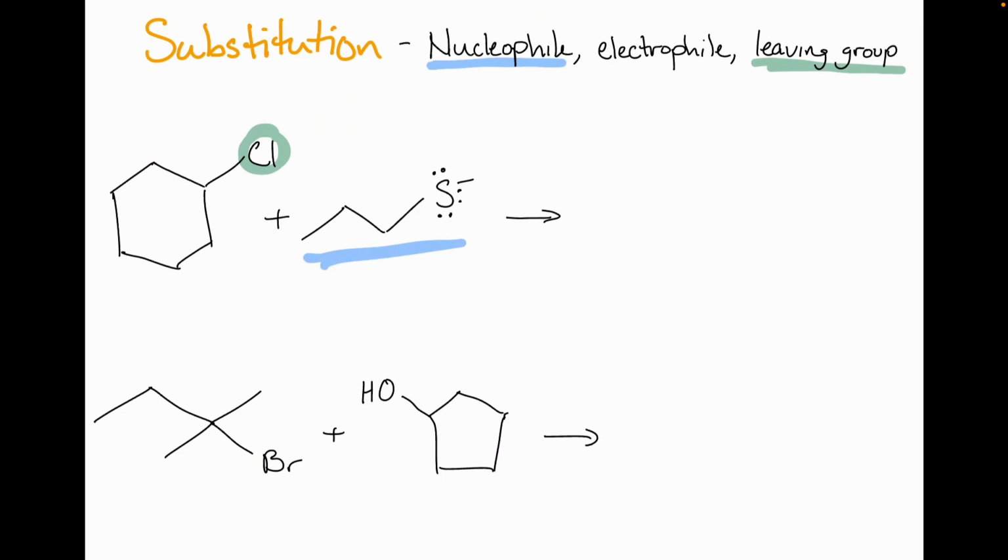And what's going to be my electrophile in this reaction? Carbon. The carbon at the base of the halogen. So that's where I'm going to have a new bond between my nucleophile, in particular the sulfur with its negative charge, and my electrophile, that carbon. And in this process, I'm going to kick off that leaving group.